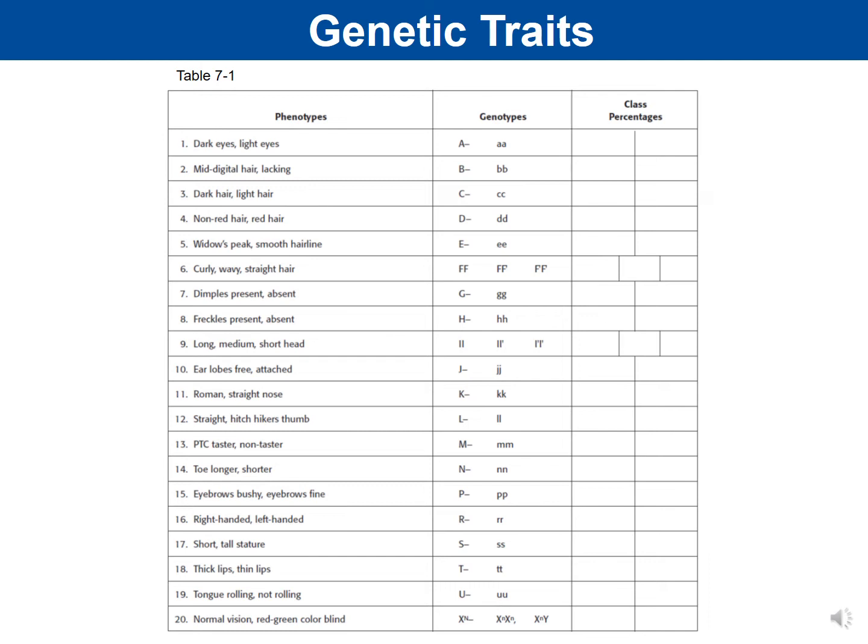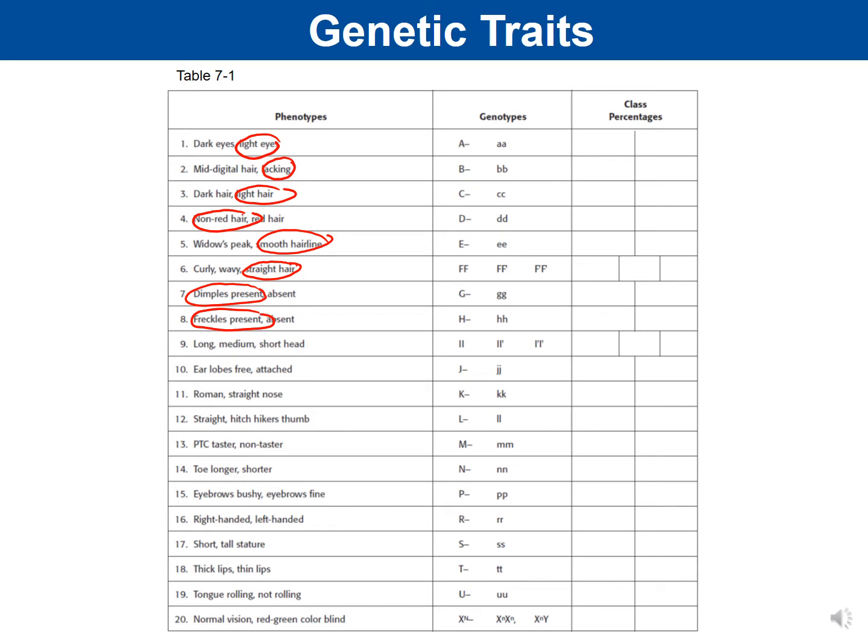So for me, I have light eyes. I have mid-digital hair lacking. I have light hair. I have non-red hair. I have a smooth hairline. I have straight hair. I have dimples present. I have one. That still counts. I have freckles present.